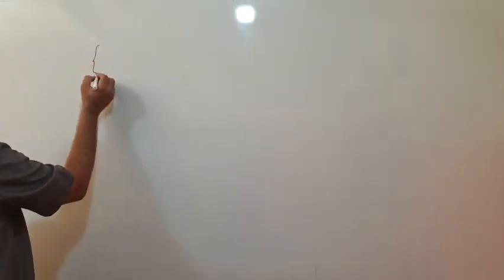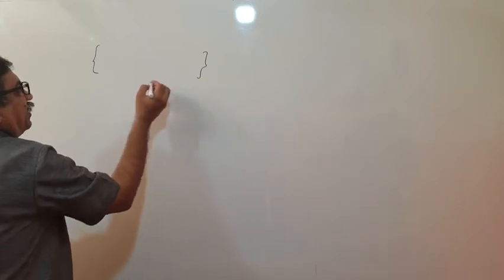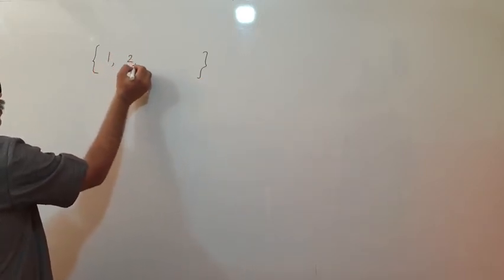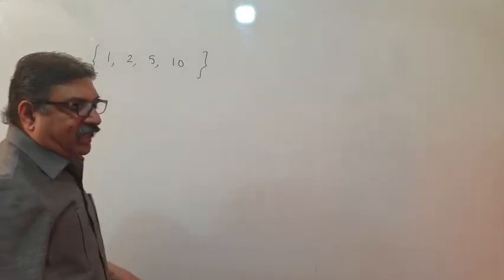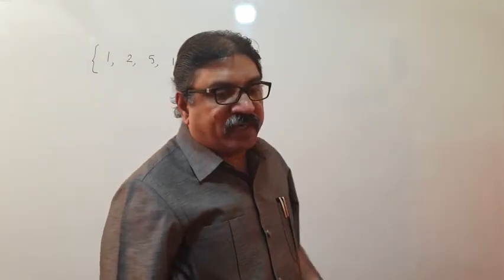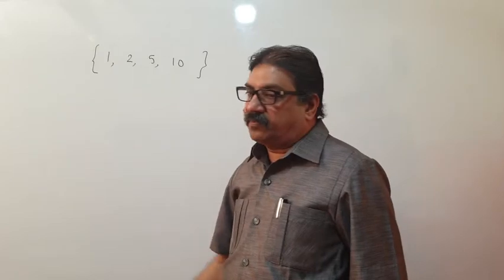So, if you are clear with the idea of a well-defined collection, then we can proceed, and that well-defined collection of objects becomes a set. And a set is written like this in braces. Supposing I want to write all the factors of 10, I will write like this: 1, 2, 5 and 10, with commas between them.